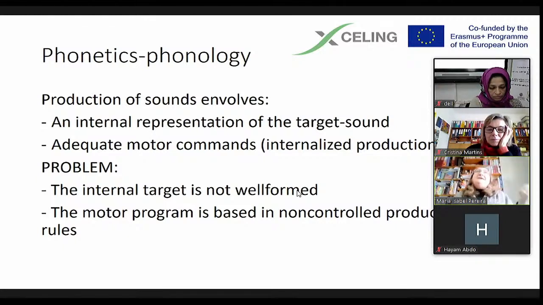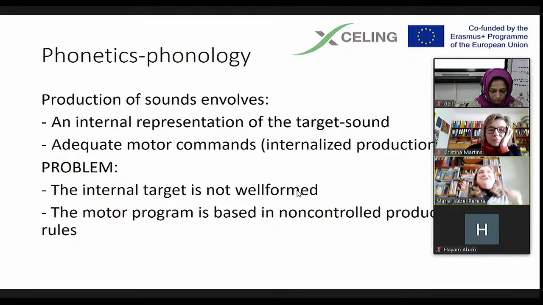Be aware that a child takes years to produce accurately the sounds of her native language.